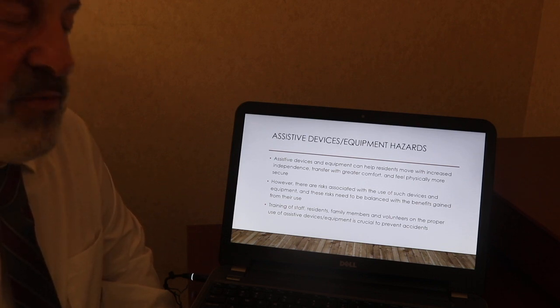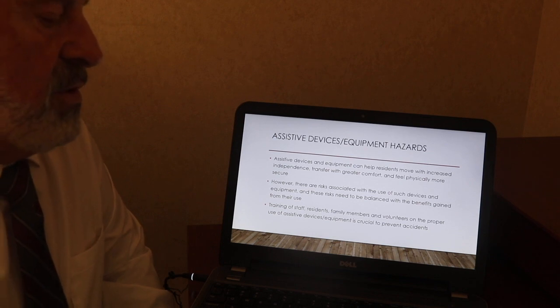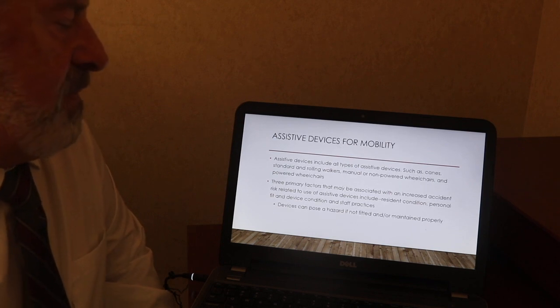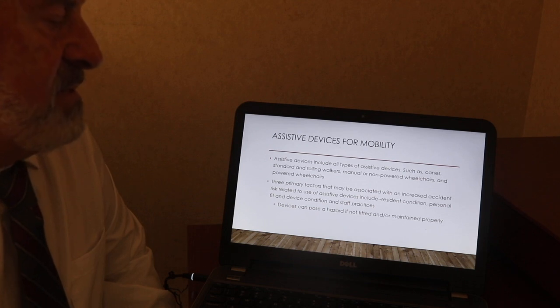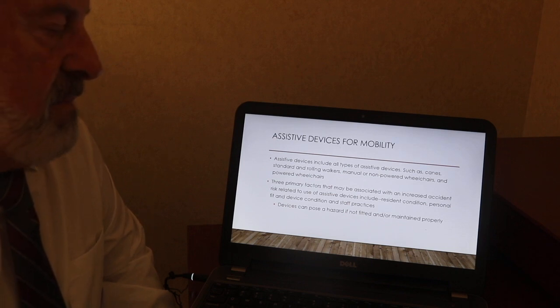Training of staff, residents, family members, and volunteers on the proper use of assistive devices and equipment is crucial to prevent accidents. Assistive devices may include all types of devices such as canes, stand and rolling walkers, manual or non-powered wheelchairs, and powered wheelchairs.